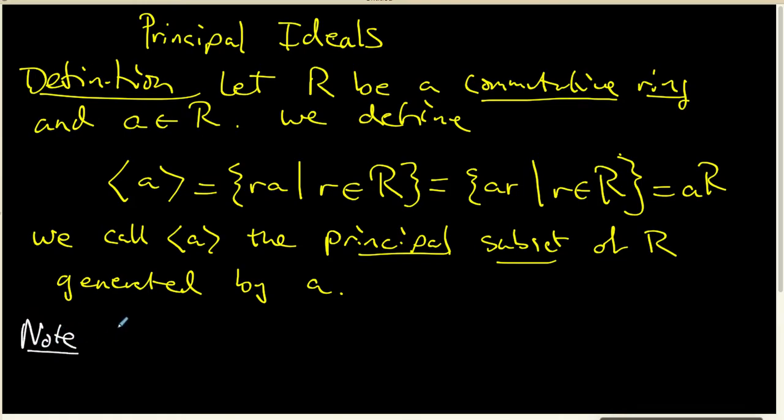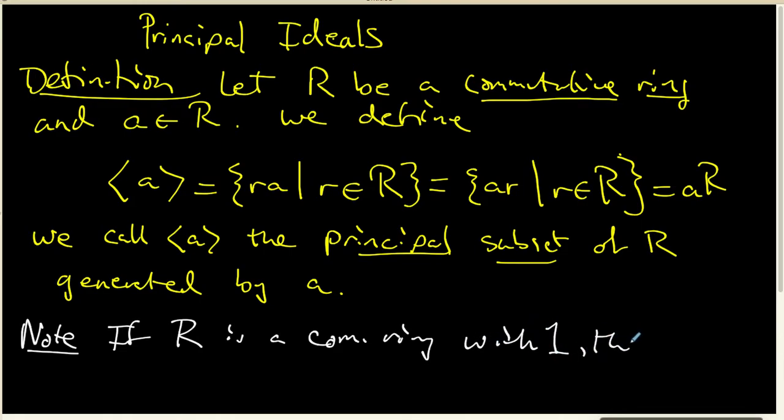If we actually have a ring with identity, so if R is a commutative ring with identity, then it turns out that A will have to belong to the principal subset generated by A. And the reason why is pretty simple.